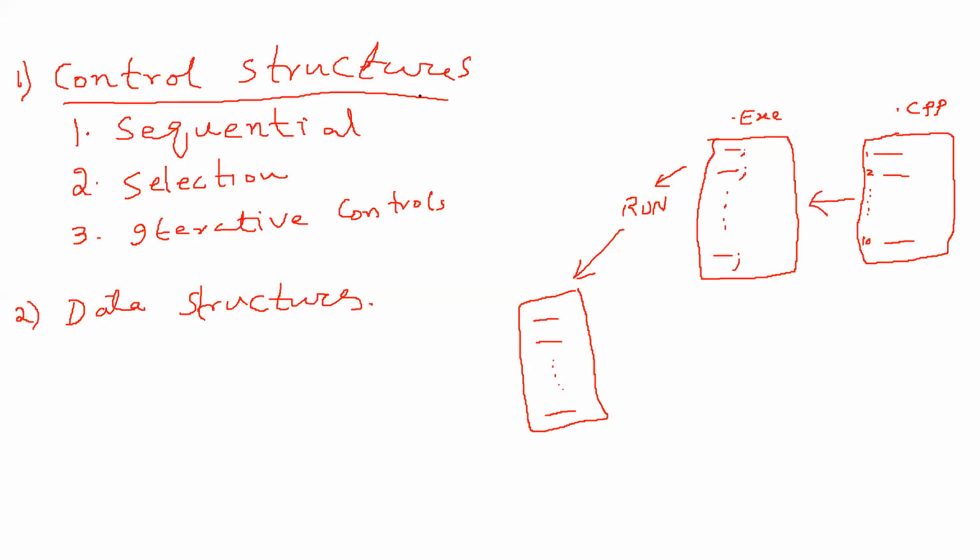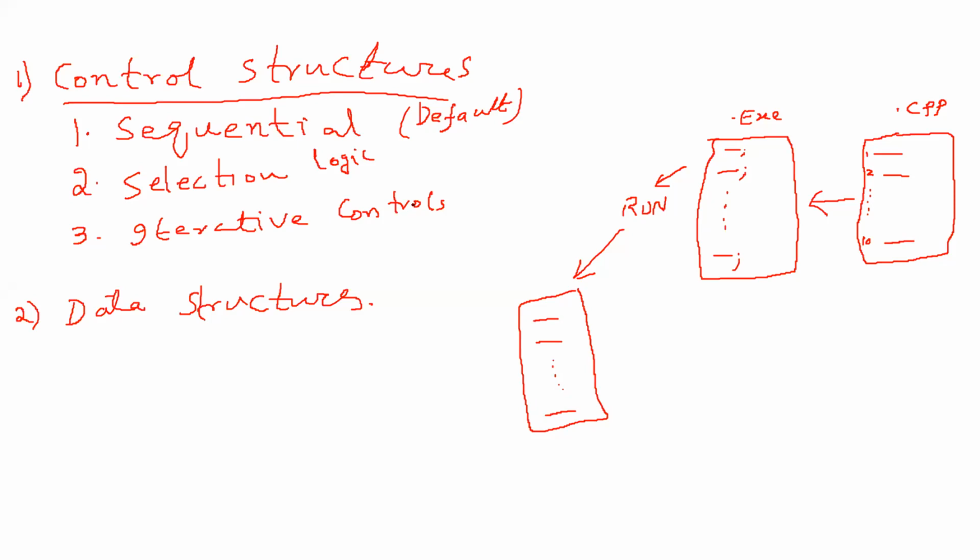What is the meaning of default logic? When I execute the program, automatically line by line these instructions are captured by the executor and actions are performed on all lines in a sequential way.